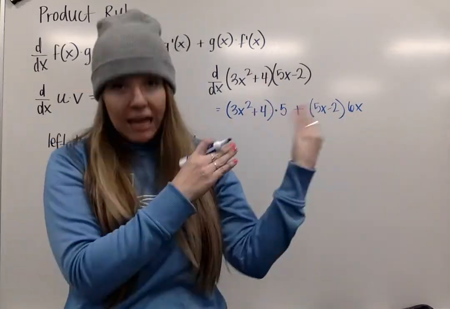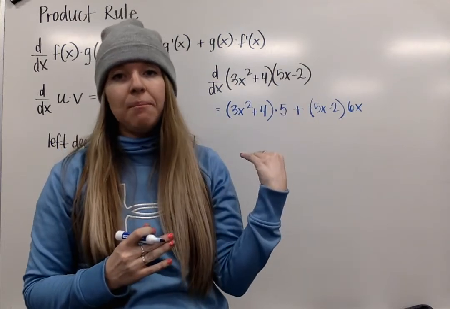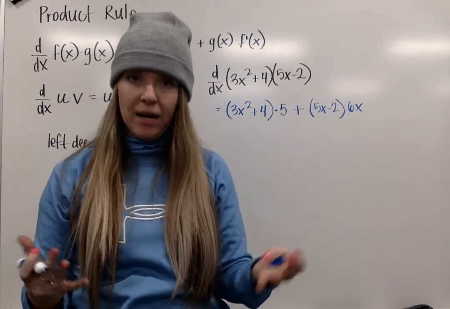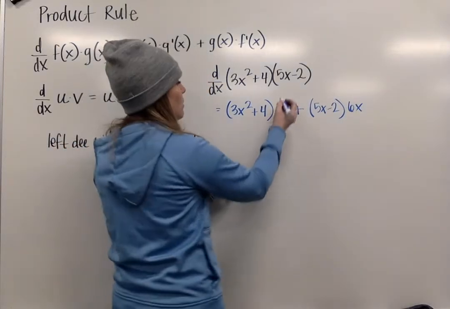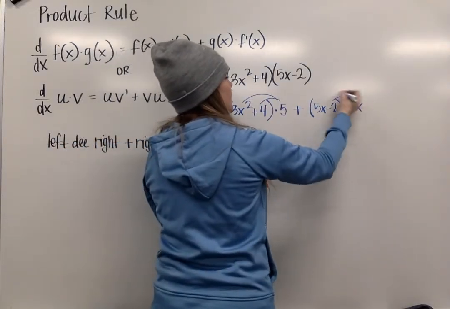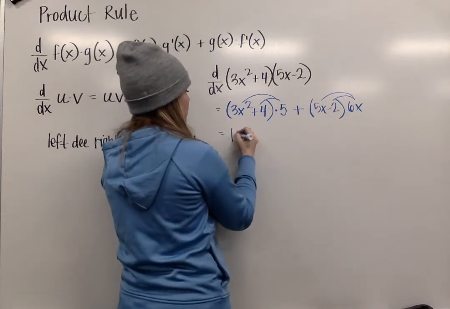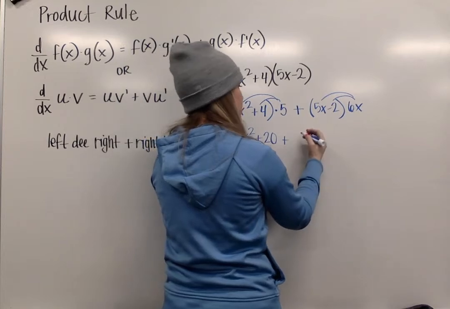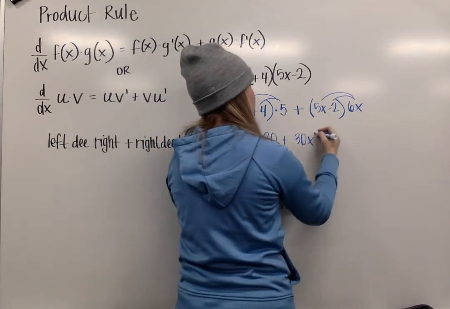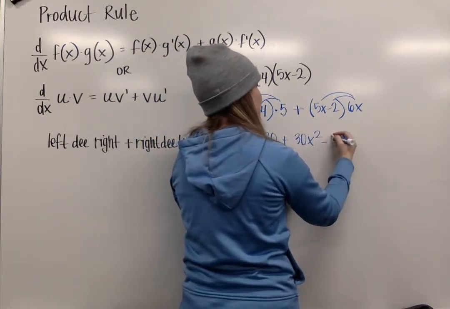But if it was a multiple choice, we want to be able to make it match, so we're going to go ahead and simplify it out. Practicing our algebra skills is important. So I'm going to distribute these in. I get 15x squared plus 20 plus 30x squared minus 12x.